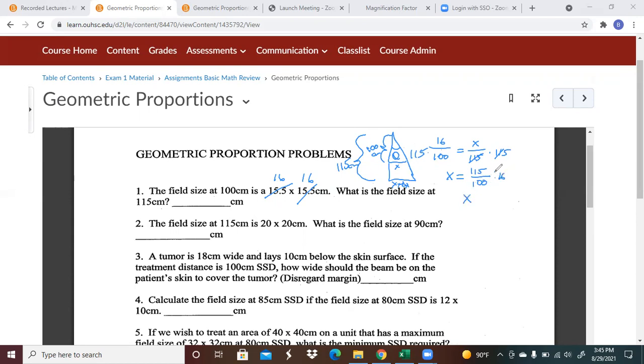Punching that into the calculator. To call up a calculator here, that way you can kind of see exactly what it is I'm doing.